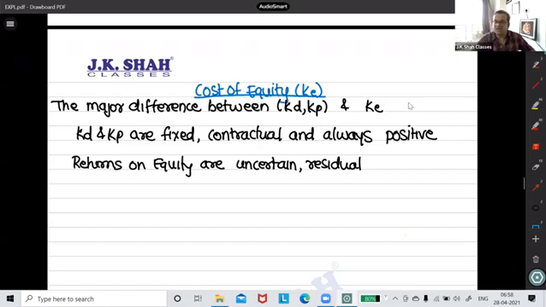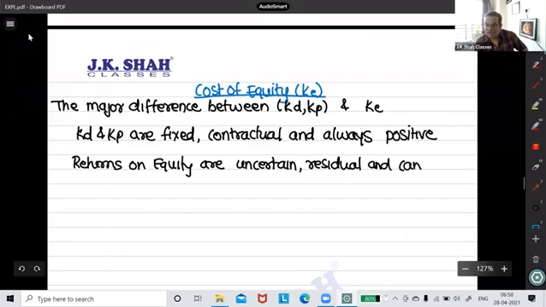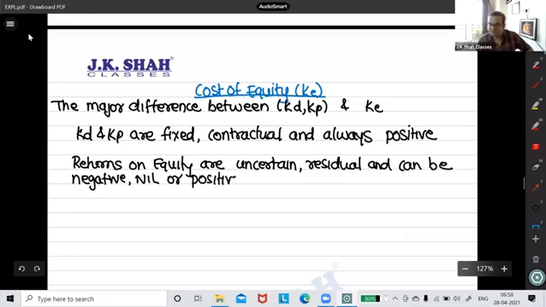When we start making an income statement, where does profit appear, in the first line or always in the last line? Always in the last line. That tells you about his position of receiving profits. So it is uncertain, residual, and can be negative, nil, or positive. Right, friends?